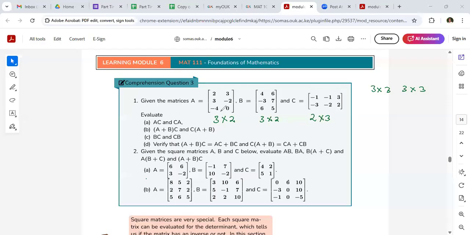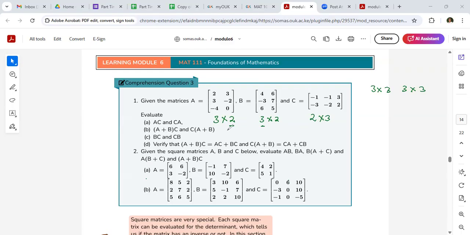Because the number of rows are not equal to the number of columns. Correct, but you have to be specific. You have the preceding matrix, so you're looking at the number of columns in A and the number of rows in B. They're not the same. So A and B are not conformable for multiplication.